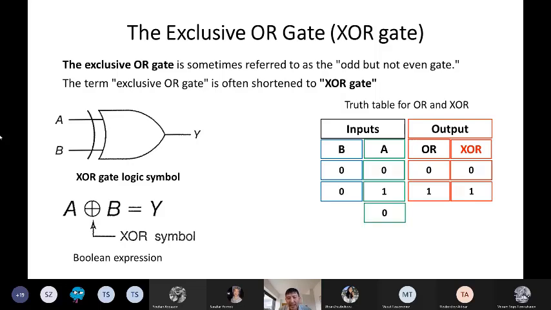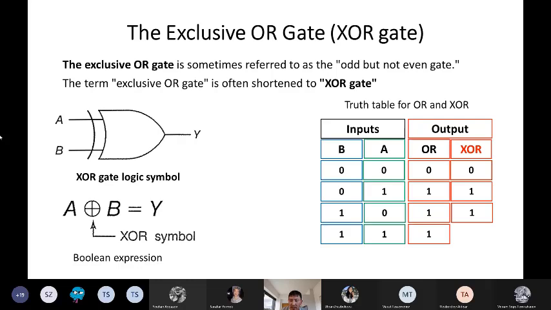So next one, A is 0 and B is 1. For the OR we'll have 1, and for the XOR also the number of high inputs is 1. 1 is an odd number. So for this reason it will also be 1. Next one, this is very interesting. A is 1, B is 1, OR will be 1.